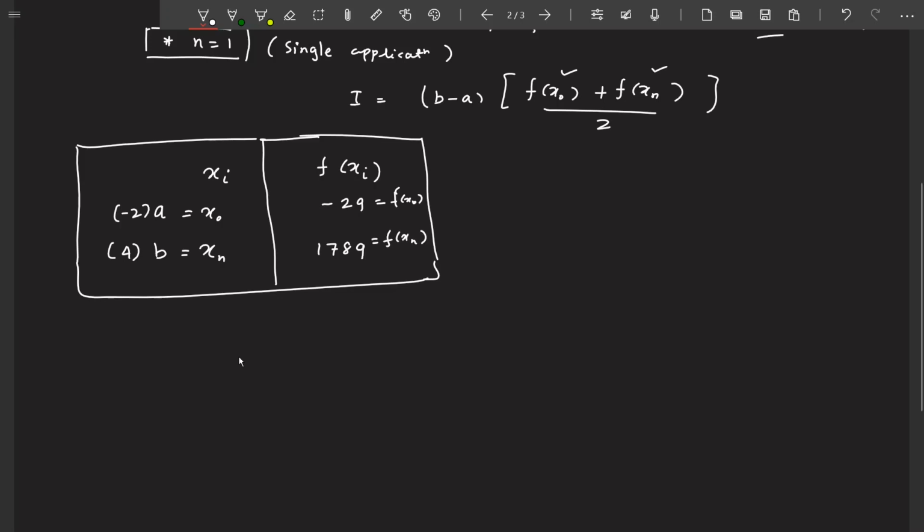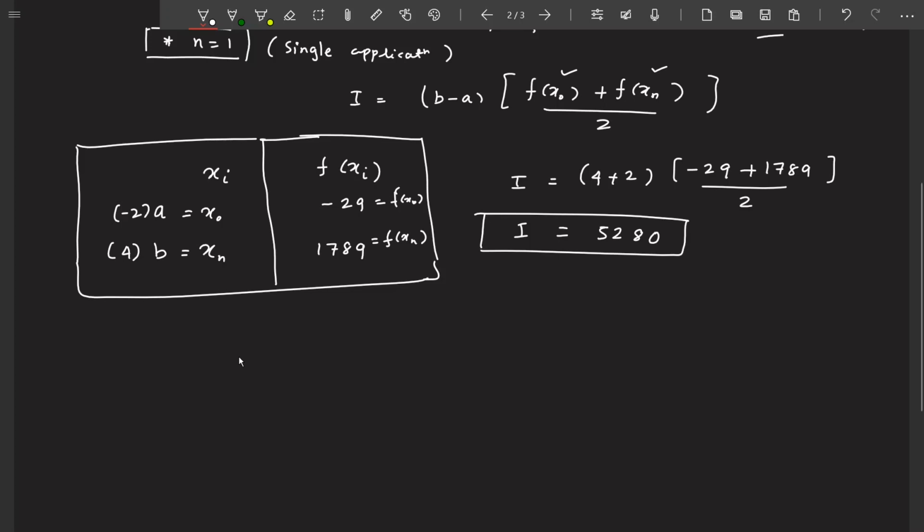When you substitute this value here, what is the value of b? b is 4 and a is minus 2. It's going to be minus 29 plus 1789 divided by 2.